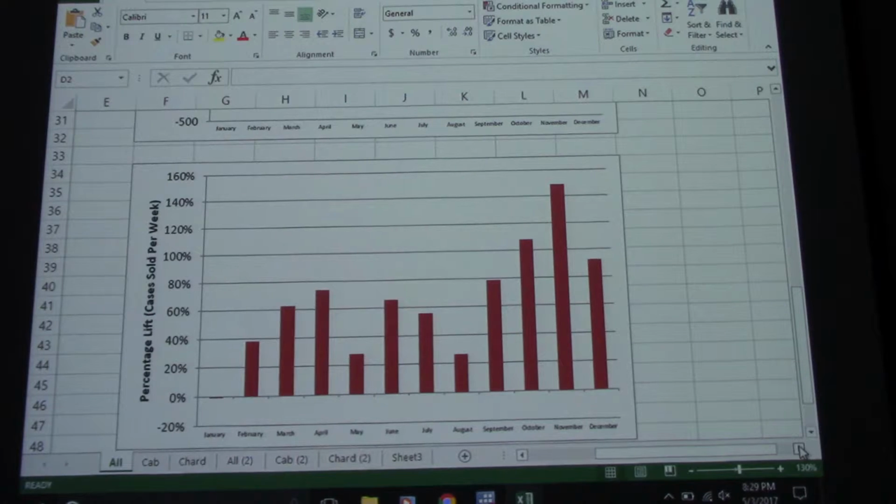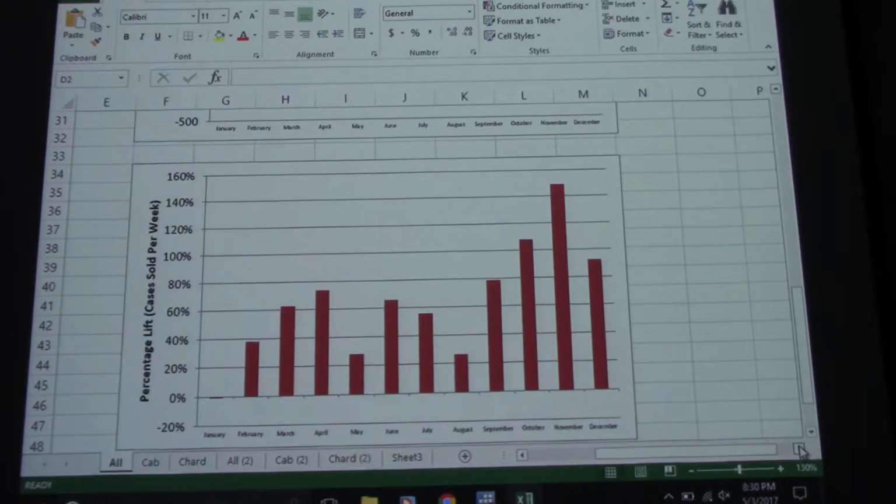Exactly, that's the problem. This is how promotion is measured by 99% of the firms out there. The problem is, there's no accounting for type or price.